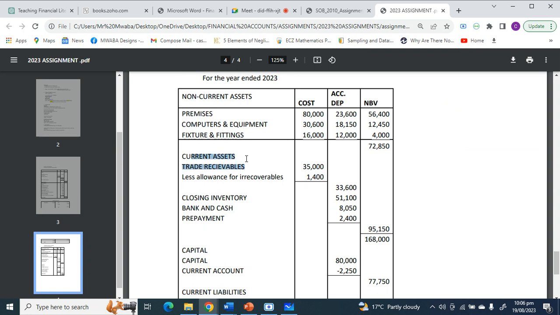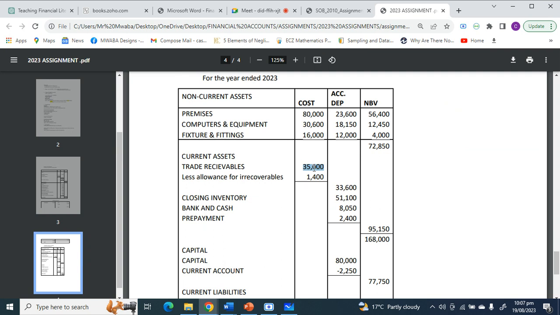Okay, so the next section is the current assets. Our trade receivables value 35,000. I hope we remember how we came to this 35,000. Remember, we deducted the irrecoverable debts.